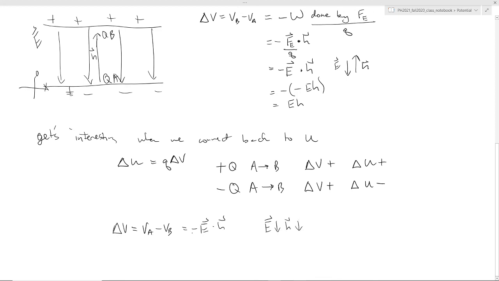They would be aligned. So this would become negative EH, and it's going to differ by a sign compared to what we got above. But this is consistent because in this case, our change in potential is negative. So keep an eye on that issue if you're going from high to low or low to high. That can get us tripped up.